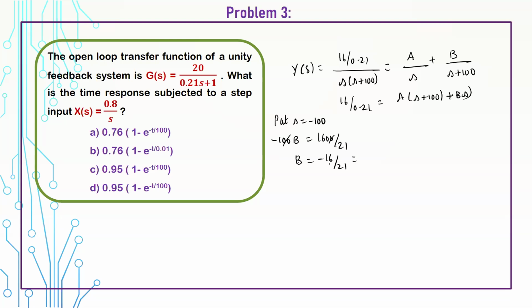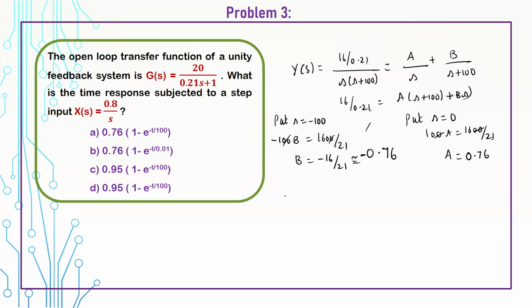So approximately 16 by 21 is 0.76. Approximately we can take this as 0.76. So B is minus 0.76. Like that, if we put s equal to 0, then 100A equal to 1600 by 21. Here also it will get cancelled. So A equal to 0.76.